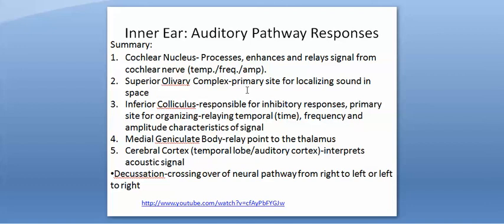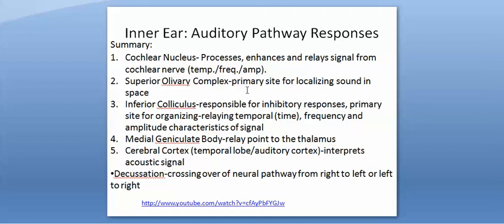So you can think, you have that enhanced signal, and you can localize the sound before you get any inhibitory response first, okay? And then inhibiting any of that sensory information, that sound.